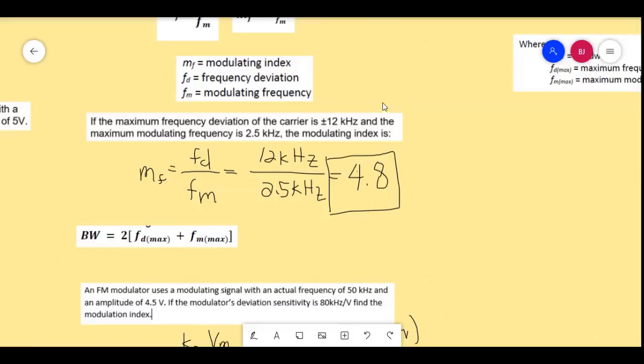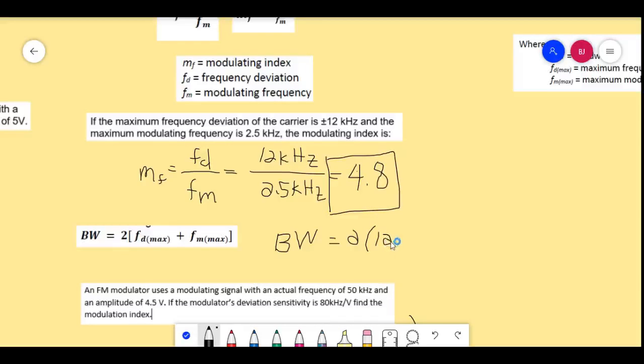For this first one, we have a frequency deviation of 12 kilohertz and a modulating frequency of 2.5 kilohertz. So we just have to have our bandwidth equal to 2 multiplied by the frequency deviation of 12 kilohertz added with our modulating frequency of 2.5.